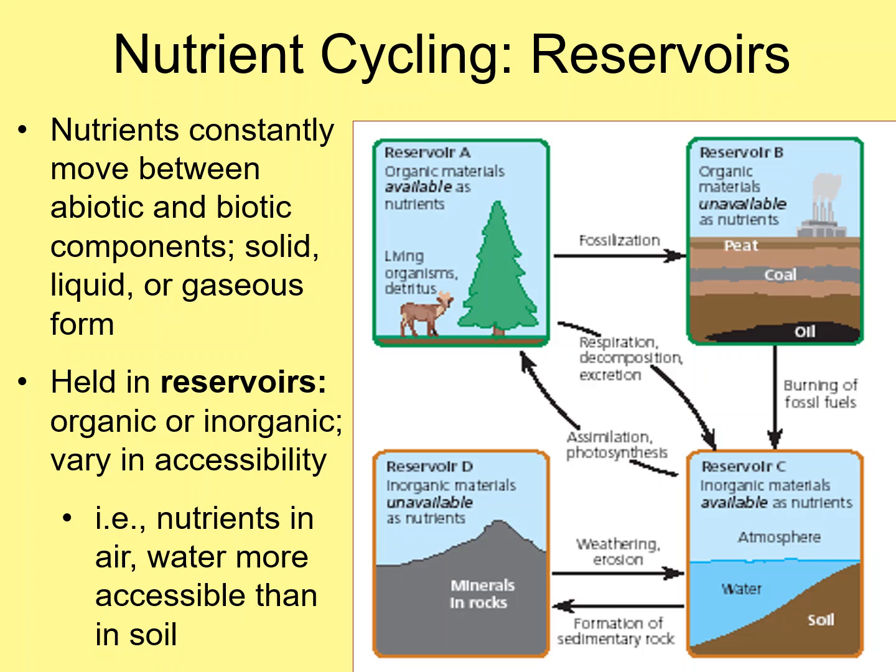An accessible reservoir would be biomass. Nitrogen in particular, about 70% of our atmosphere is made up of nitrogen, but it's inorganic. It's N2 gas. So that's something that's inaccessible unless you are a bacteria that can convert N2 gas to organic nitrogen, in which case it's accessible to you.